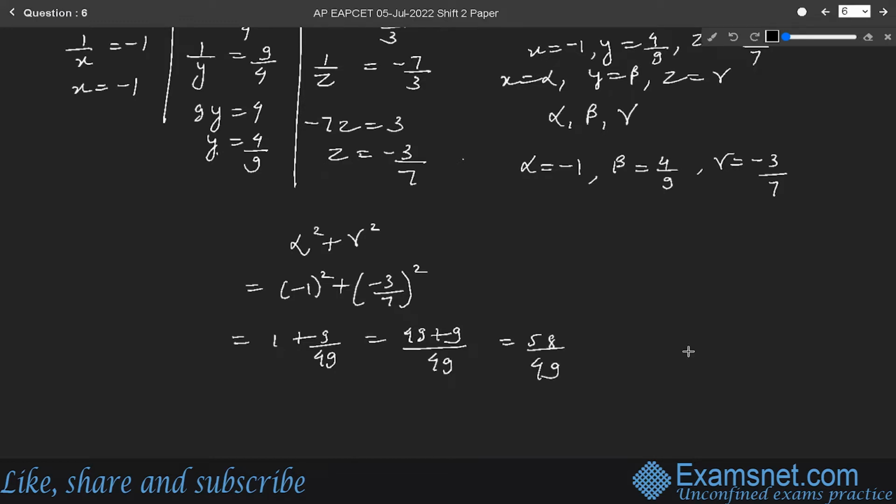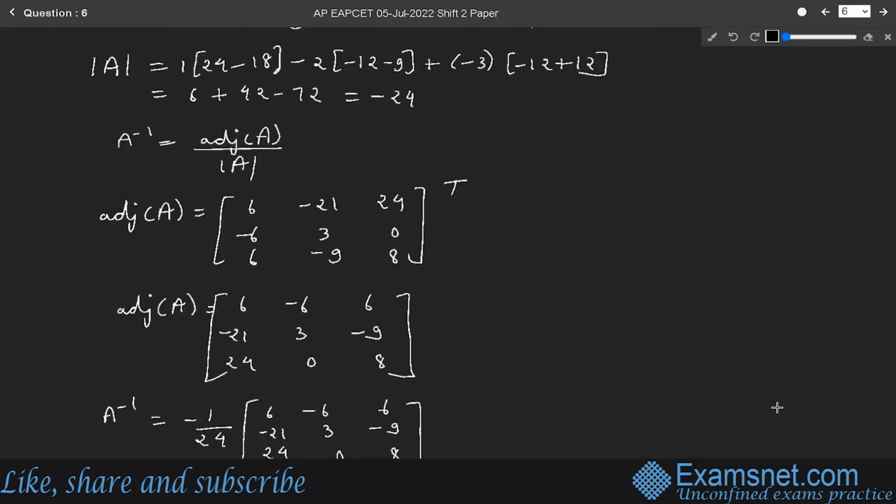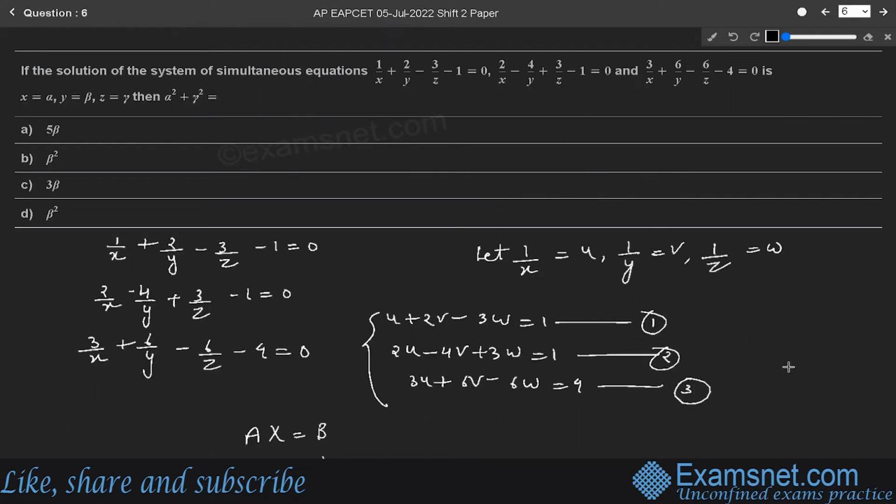And this is equal to 5 into beta. Therefore, alpha square plus gamma square is equal to 5 beta. So we can say that the correct option here is 5 beta, which is option A.